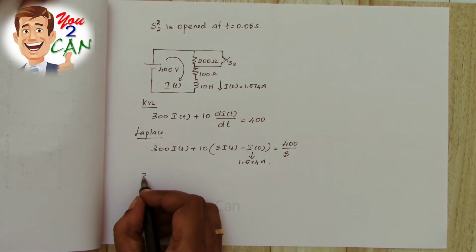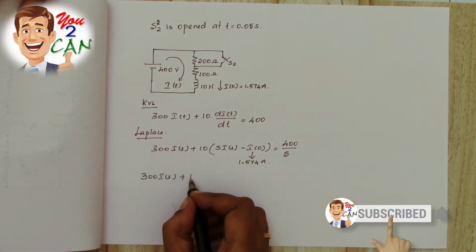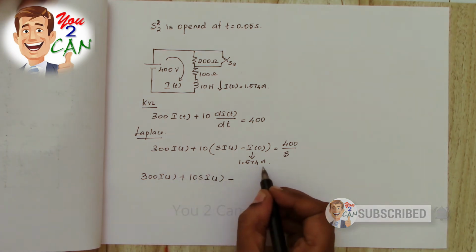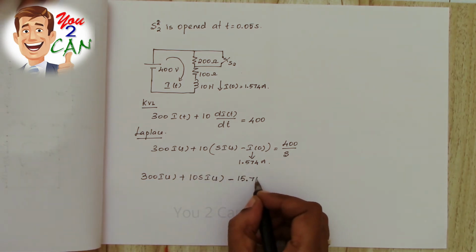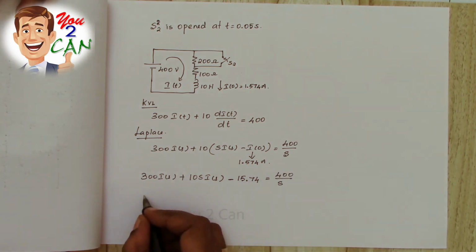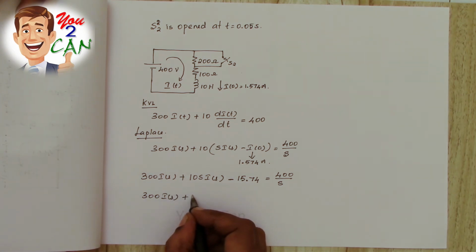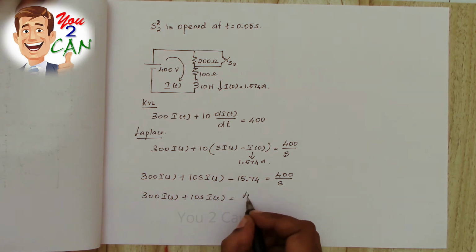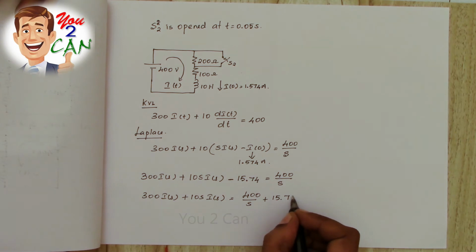Now 300 I of s plus 10 s I of s minus 1.574 into 10, which is 15.74, is equal to 400 by s.